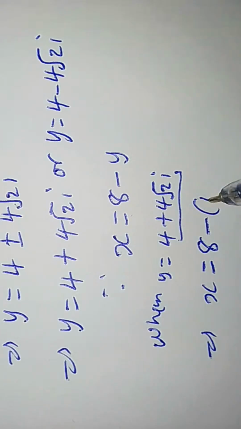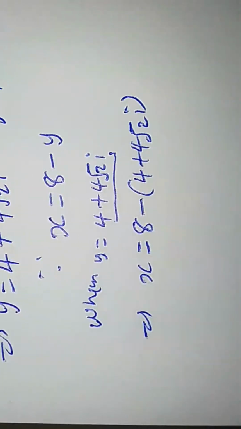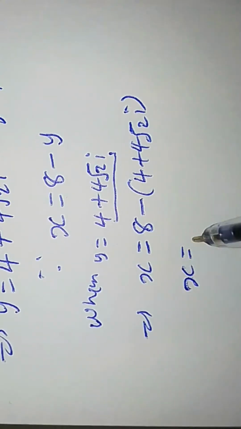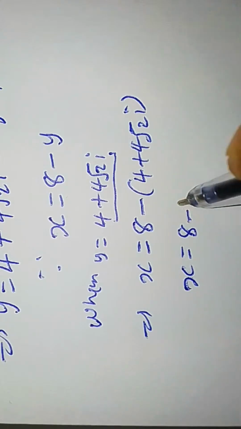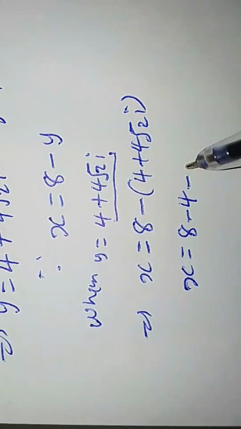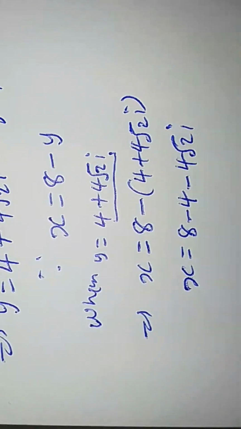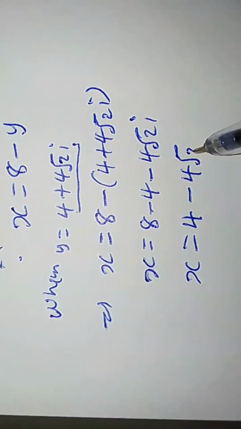So we have 4 plus 4 root 2 i. x equal to 8 minus times 4, that is minus 4, minus times 4 root 2 i, that is minus 4 root 2 i. So x equal to 8 minus 4, that is simply 4, minus 4 root 2 i.